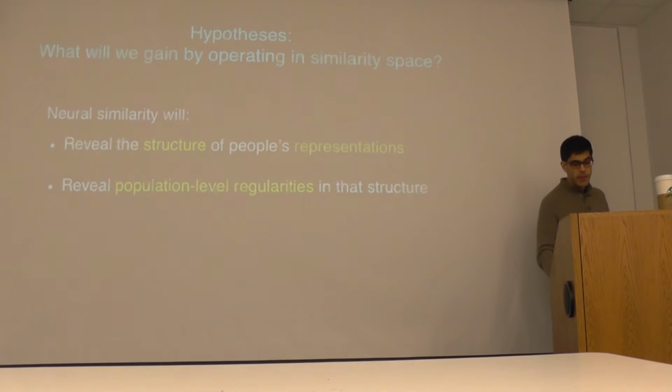The hypothesis is that this might reveal some population-level regularities. And a good test of whether you've found population-level regularities is whether you can decode one person's neural activation using information from other people's brains. That's like using one person as the testing set and the other people as the training set. If you can do that, then you've found some regularity that spans all of those people.